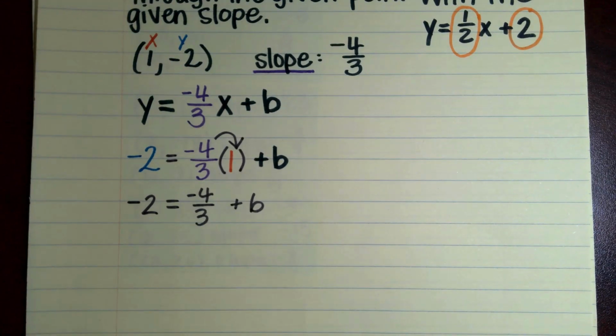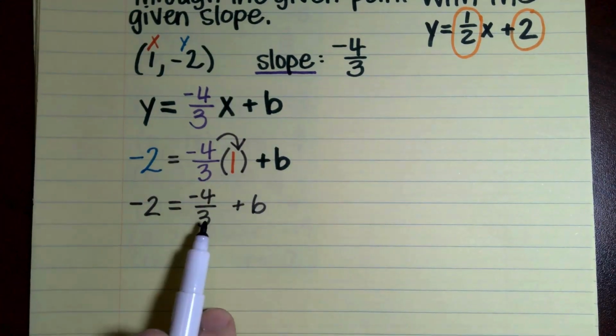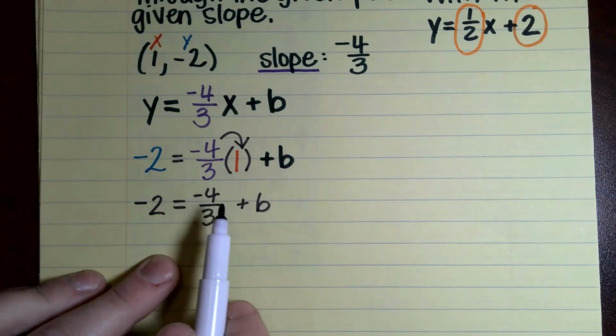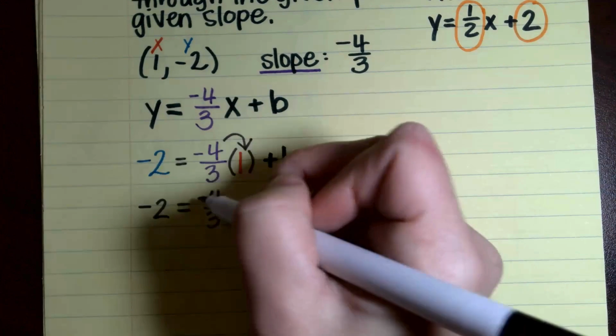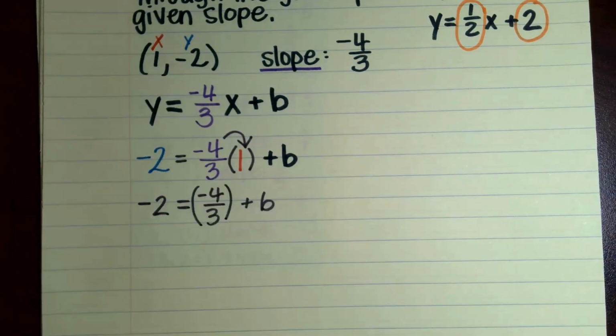Multiply again. Let's multiply both sides by 3. We could multiply by 3. I want to show you something a little different though. I'm going to show you a different way. So we're going to see this here as a single term. Our slope, we're going to call that one number. I don't really want to separate my 3 and then my -4. I want to keep it all together. So this is just a -4/3.